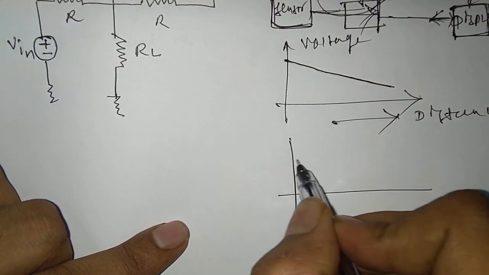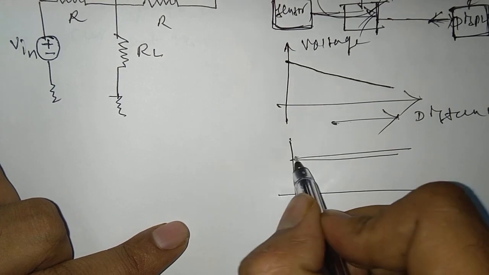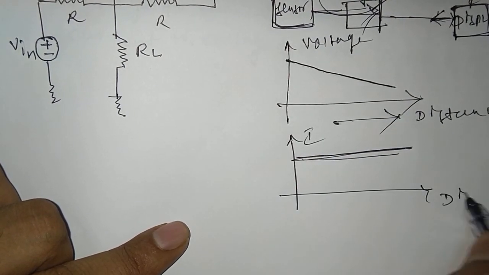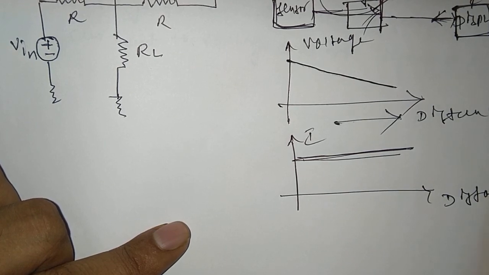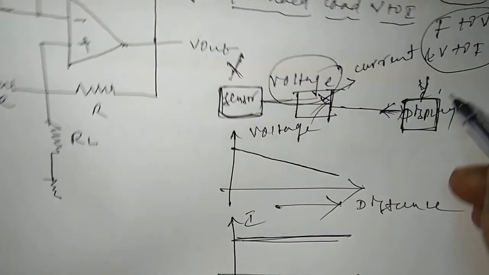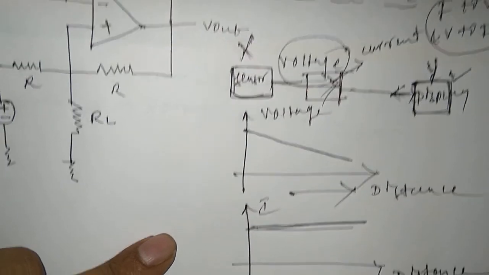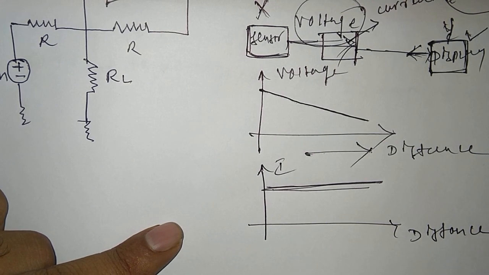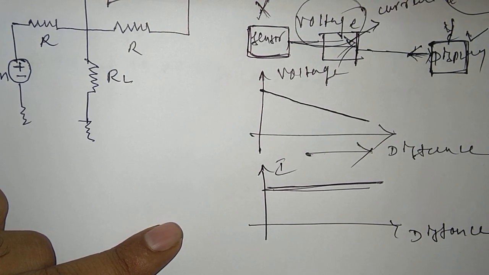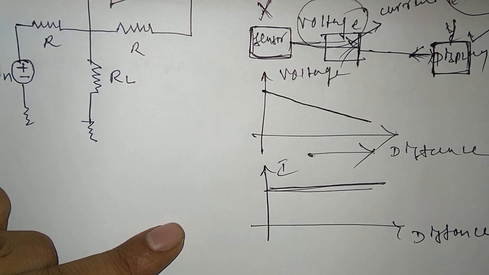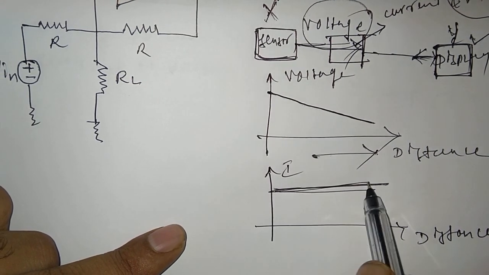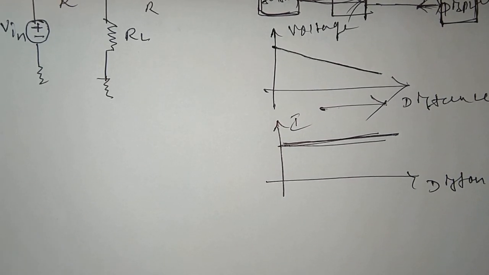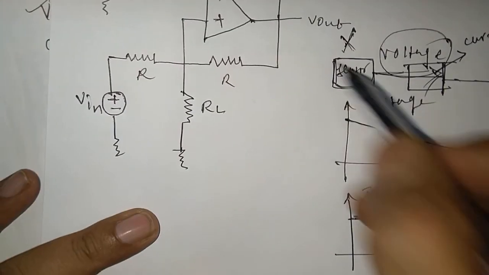This is current and this is distance. Your current will move to the display without any loss in its value, because the current's value will not change when it is passing through the cable, and it is also less prone to external noise. So this is the thing which we are going to do.